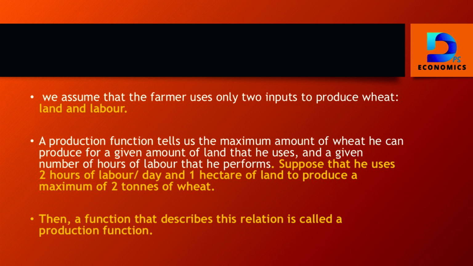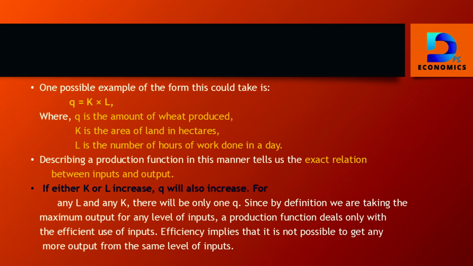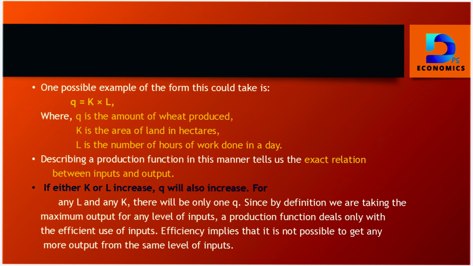Then a function that describes this relation is called a production function. One possible example of the form this could take is Q equals K into L, where Q is the amount of wheat produced or quantity, K is the area of land in hectares, L is the number of hours of work done in a day.